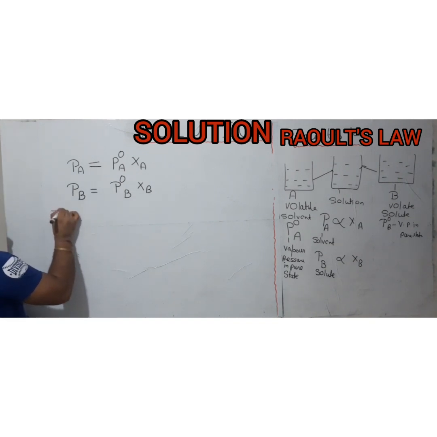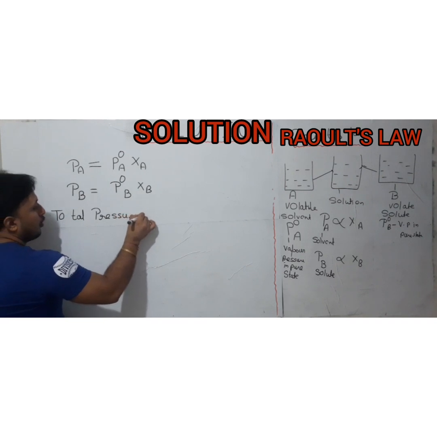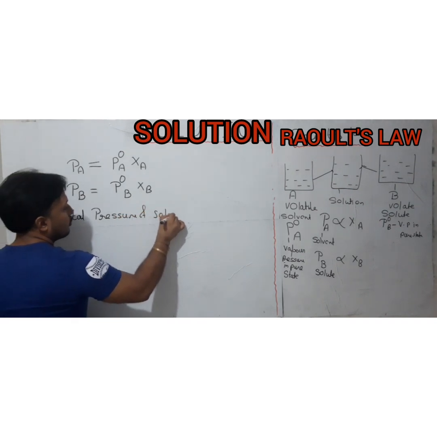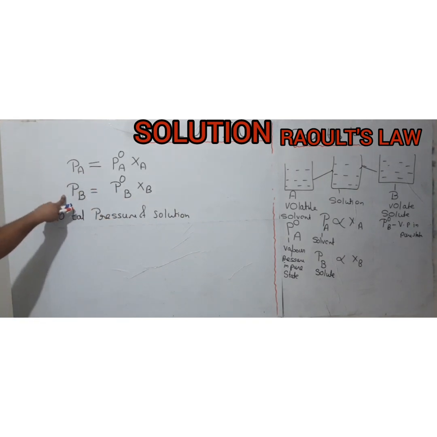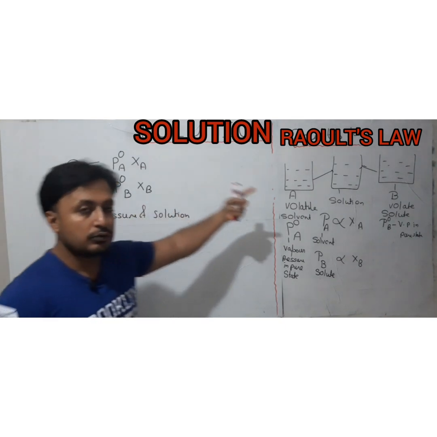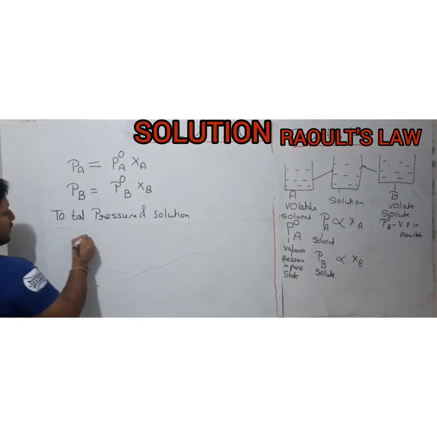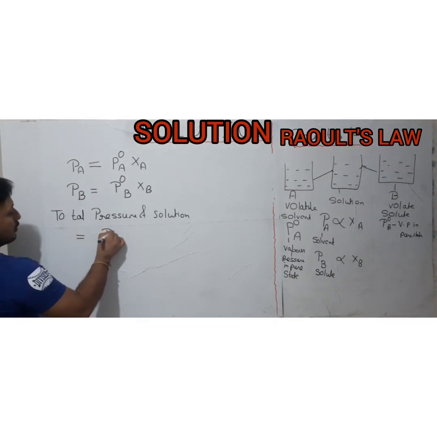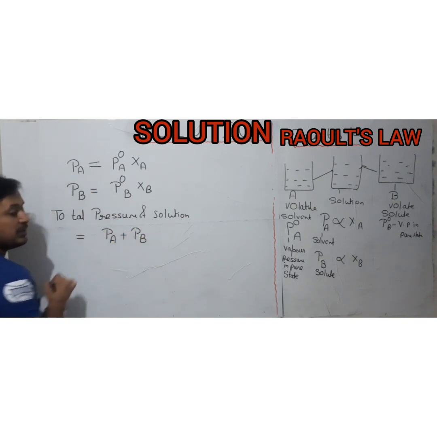Now if we have to calculate the total pressure of the solution, because the vapor pressures we have found are those of the individual components, and now we have prepared the solution. The total pressure of the solution will be equivalent to the sum of the individual pressures of each component, that is PA plus PB.